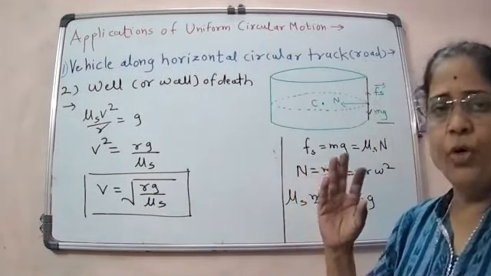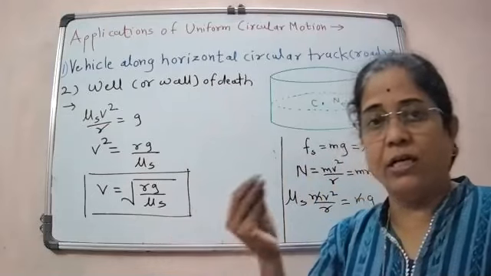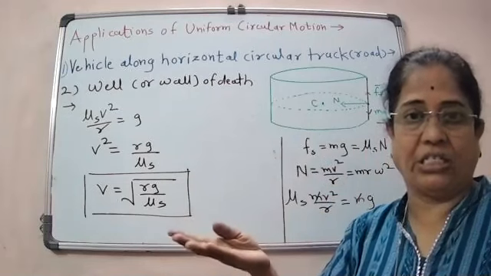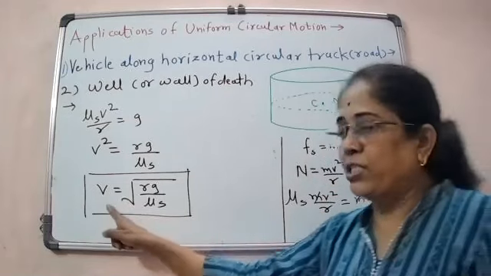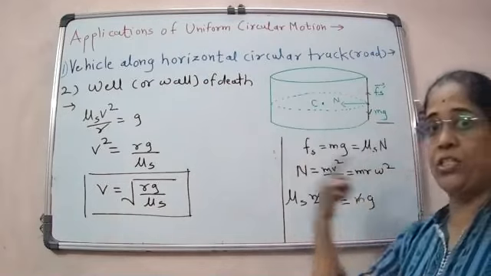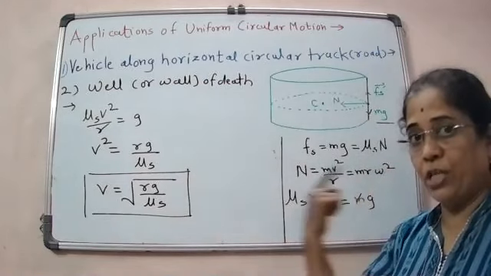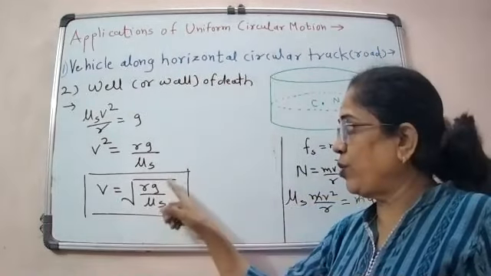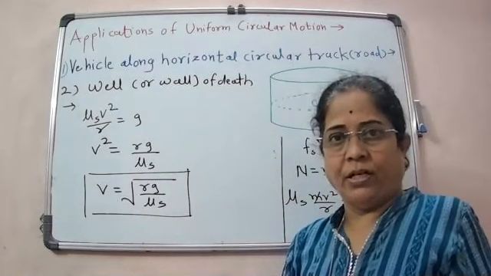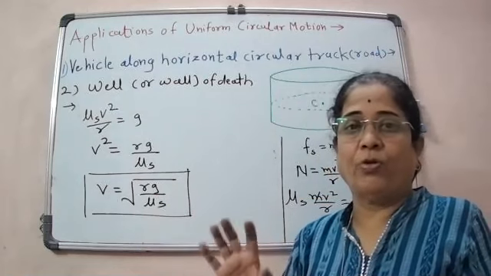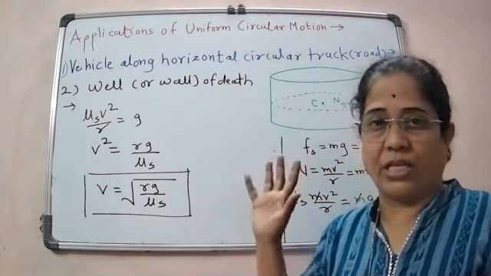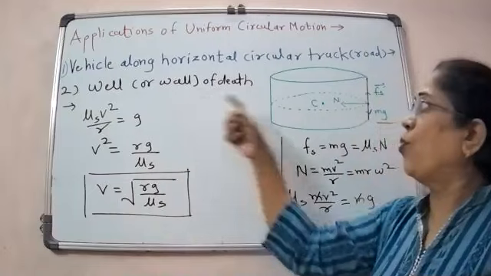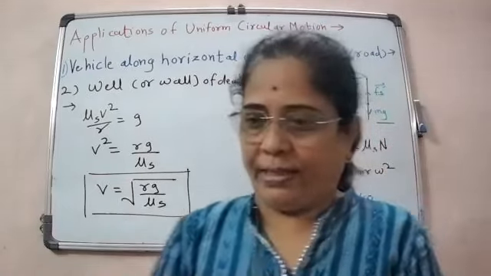So whatever the mass of the motorcycle or of the motorcyclist, this velocity is equal to square root of rg upon mu s.